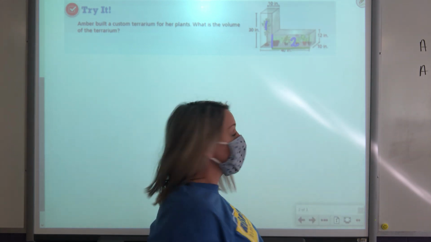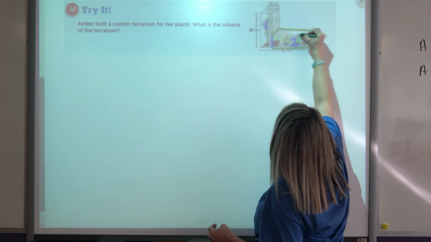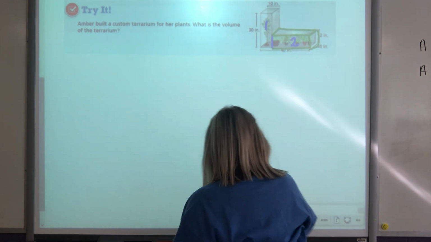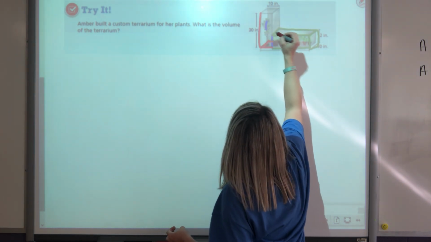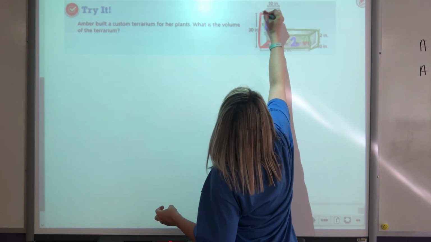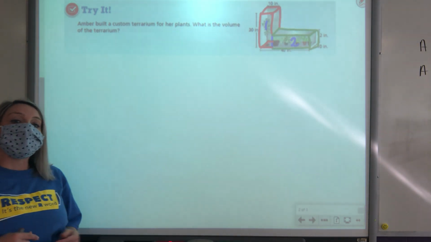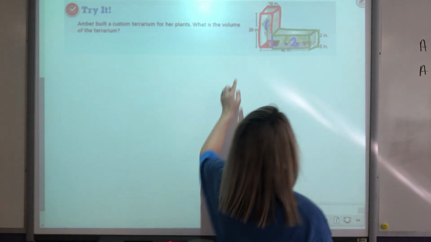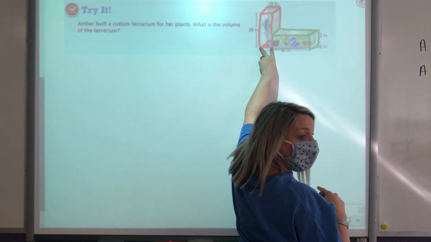Because now this is a rectangular solid that I'm finding the volume of, and this here is another rectangular solid that I'm finding the volume of. So my measurements are going to change a little bit because I've shortened 40 inches by this much.